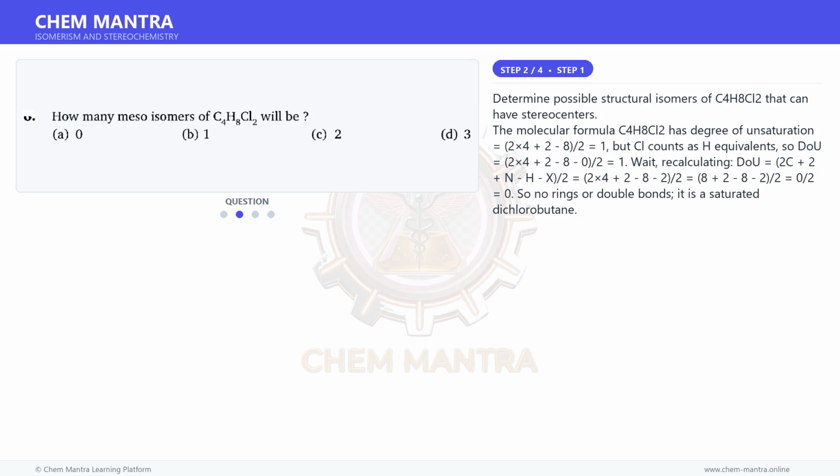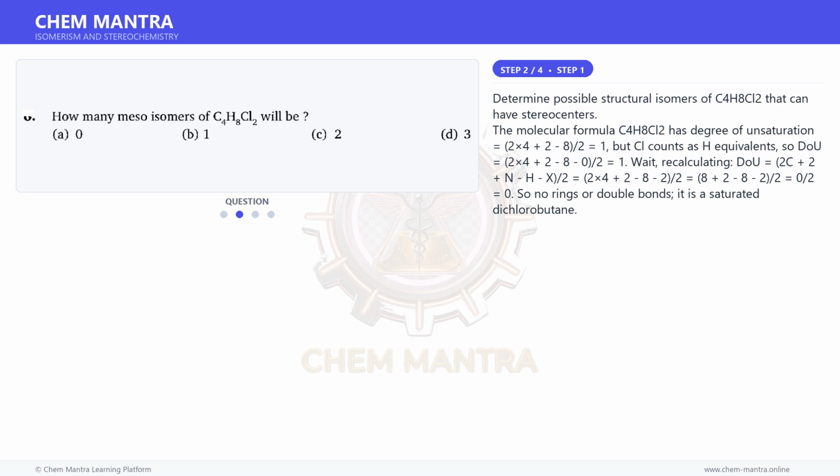Moving on to the next step. Determine possible structural isomers of C4H8Cl2 that can have stereocenters. The molecular formula C4H8Cl2 has degree of unsaturation equal to (2×4 + 2 − 8 − 2)/2.